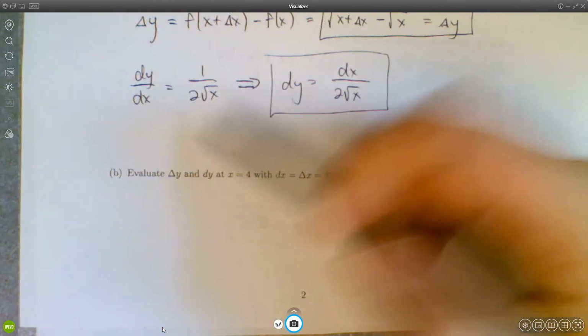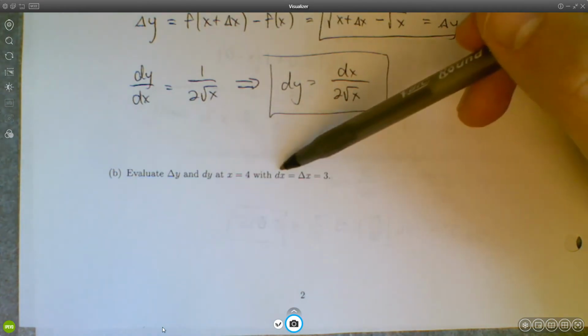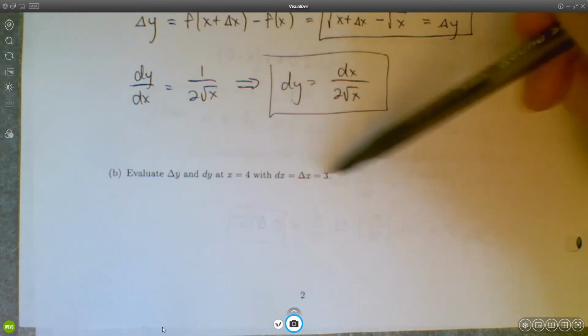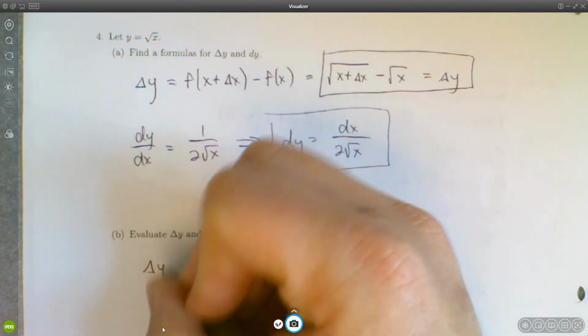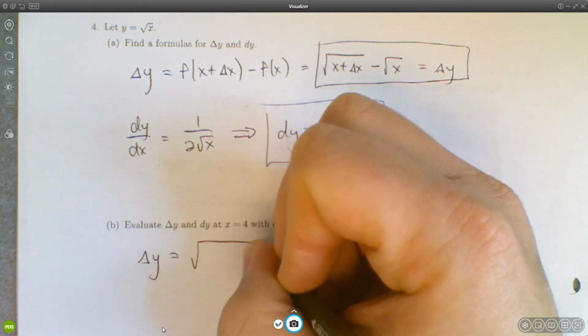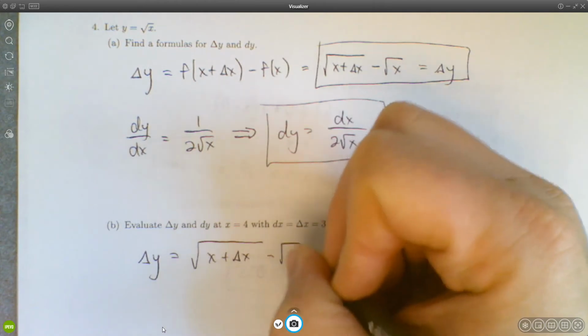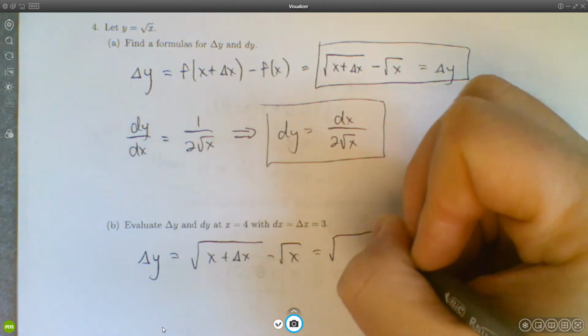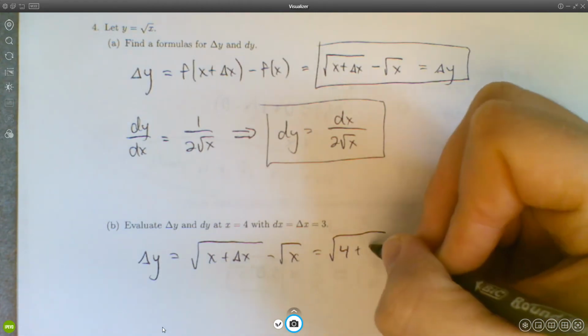Now let's evaluate delta y and dy at x equals 4, assuming that dx and delta x are the same thing, that they're both equal to 3. Okay? So delta y is going to be the square root of x plus delta x minus the square root of x. That would be the square root of, when x is 4, it would be 4, and when delta x is 3, it would be plus 3.